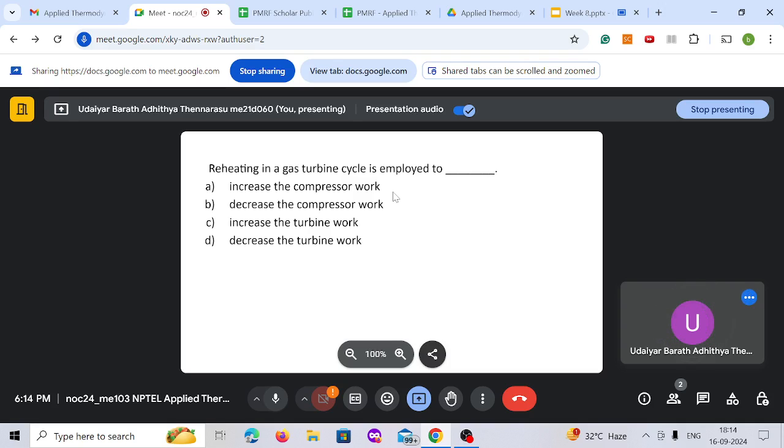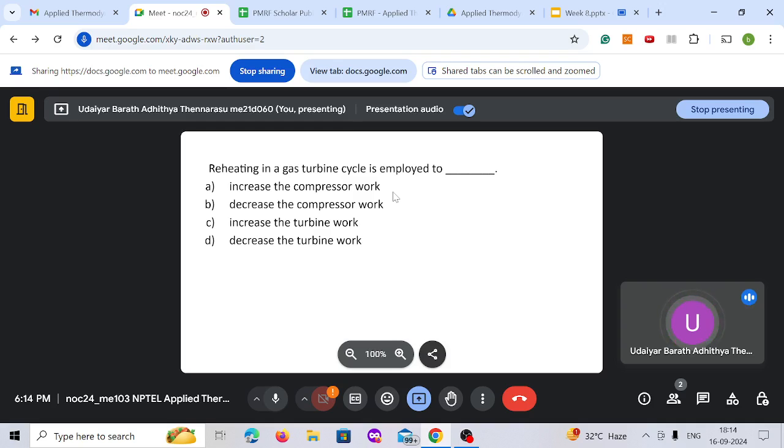So we'll see how reheating works in a turbine. You have some gas which is at higher temperature and pressure, so you are expanding it, and you expand it to some intermediate pressure, not fully. So instead of employing a single turbine, you are doing it in stages. First you expand it to some intermediate pressure, then you heat the fluid again to a higher temperature, and then expand it again in a second, low pressure stage turbine.